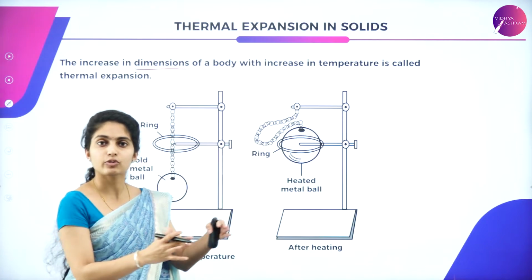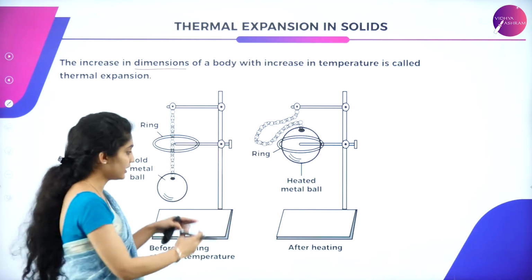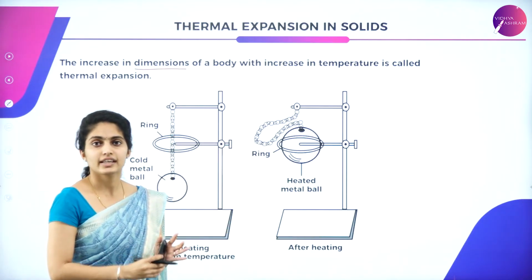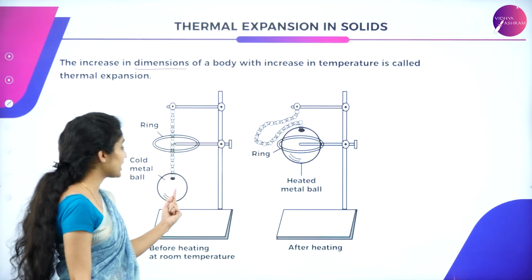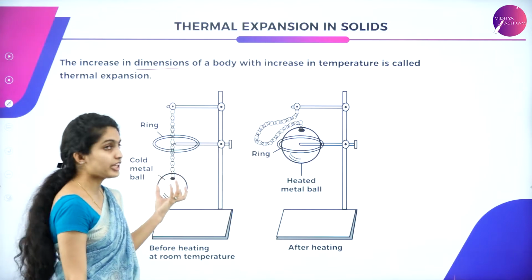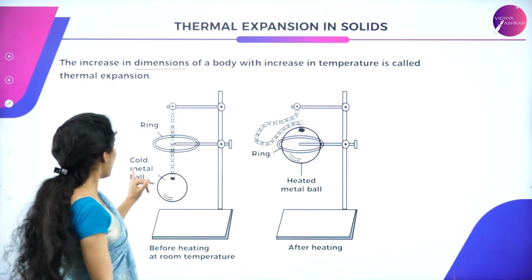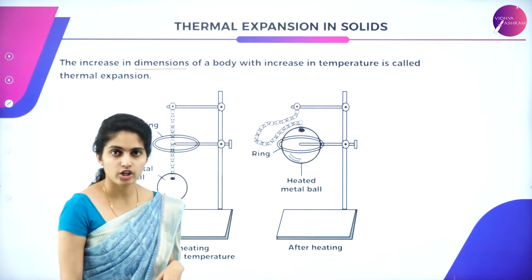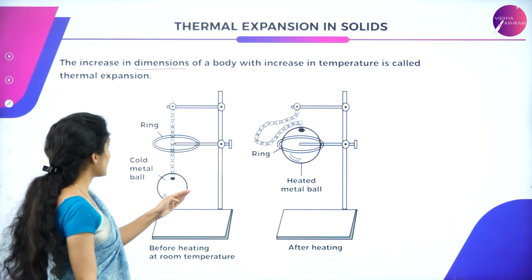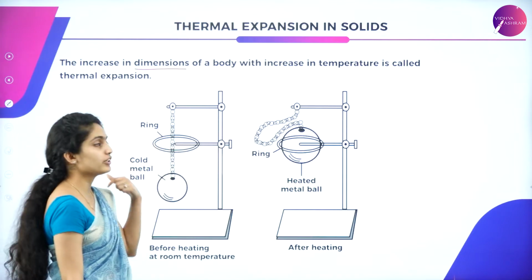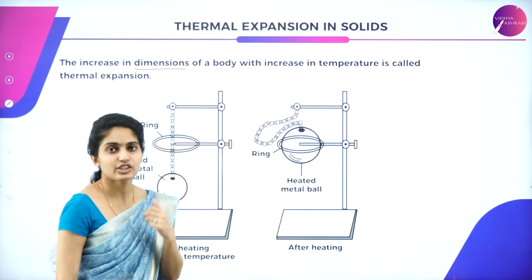For example, there was an experiment conducted, which is given here in this image. You have a stand connected to a chain-like structure, below which a cold metal ball is suspended. There is also a ring which is large enough.